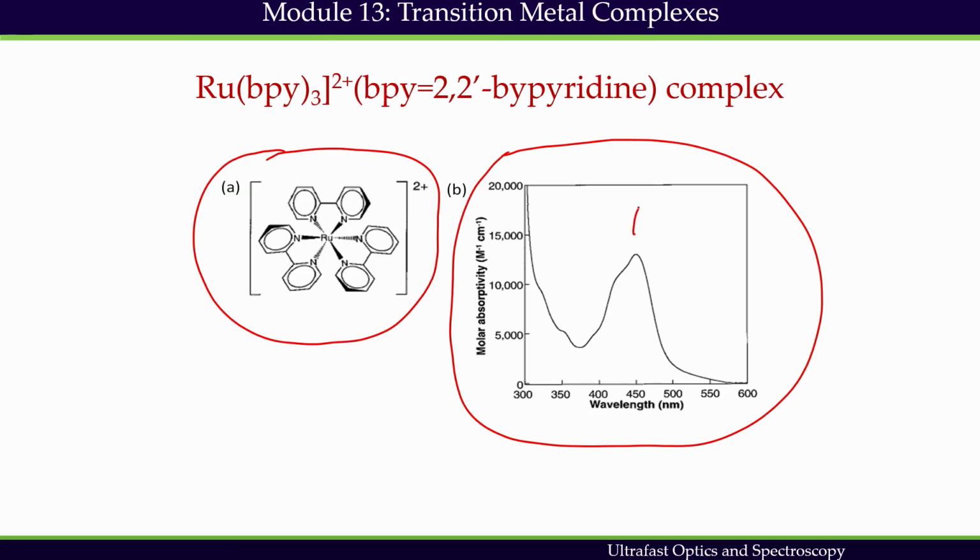So, this transition is due to the metal to ligand charge transfer, from metal centered to ligand centered charge transfer excitation, in which an electron located in a metal based d orbital is transferred to a pi star orbital of one of the bipyridine ligands.